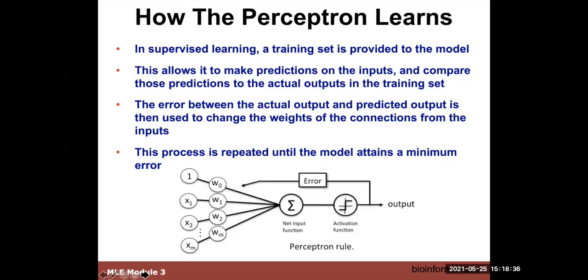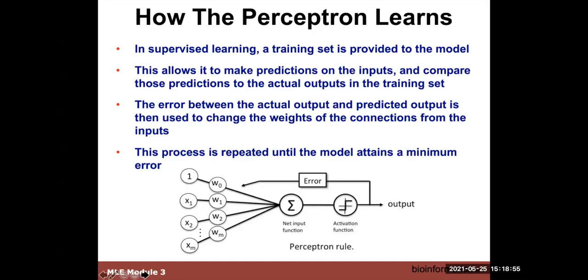Then taking that difference and using that error to modify the weights on these inputs would get the perceptron to predict more and more closely so that the error was consistently reduced.